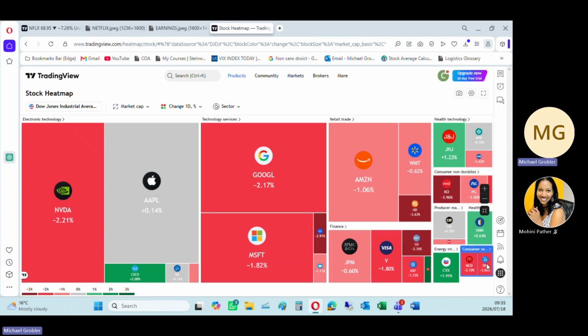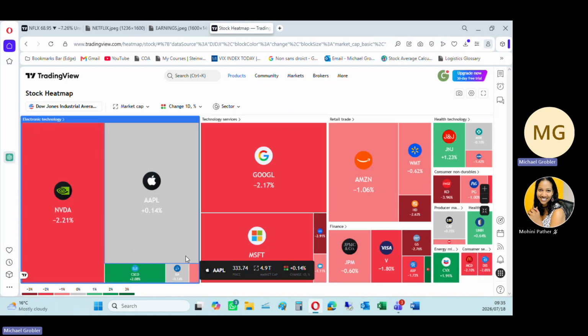And you get energy companies like Chevron, you get consumer-facing companies like McDonald's and Disney. But here you get an idea by virtue of how big this block is, how large the company is relative to the other companies in the stock market. Here's Boeing, BA.